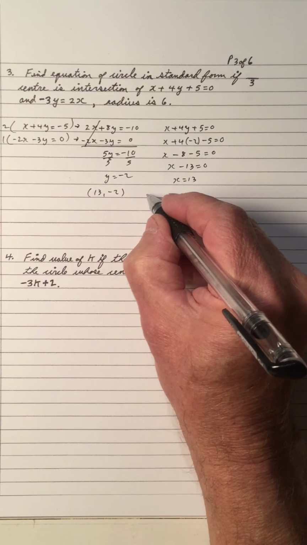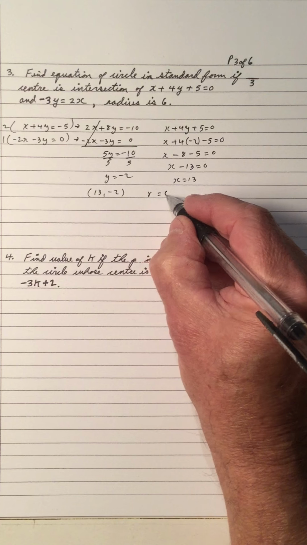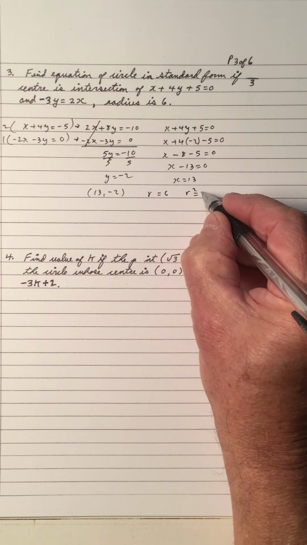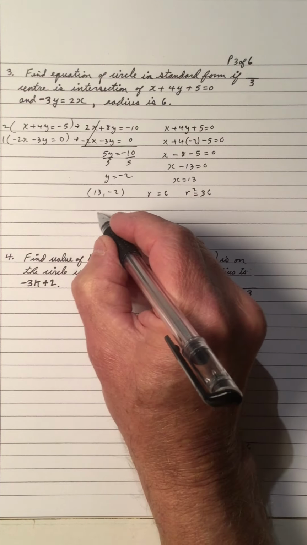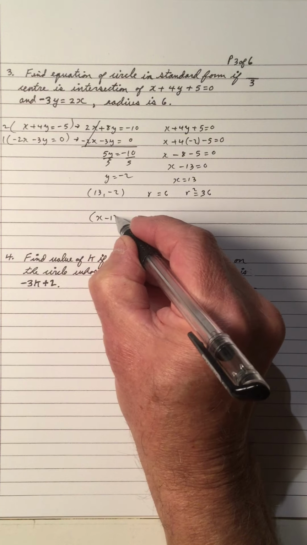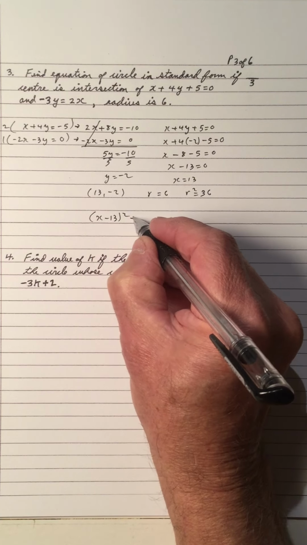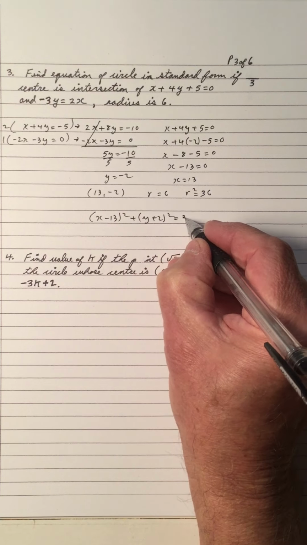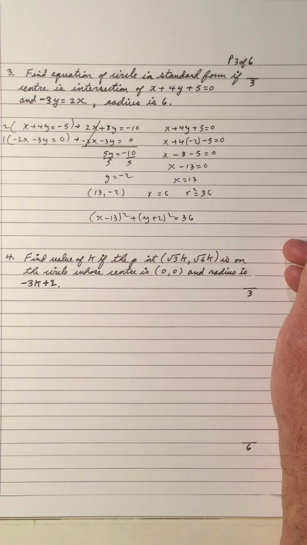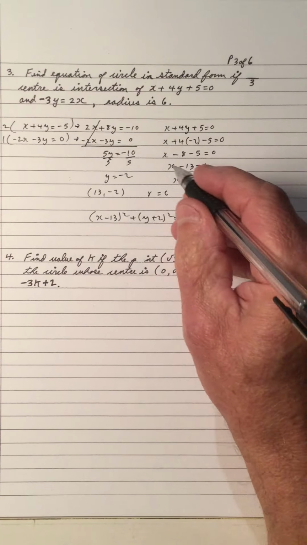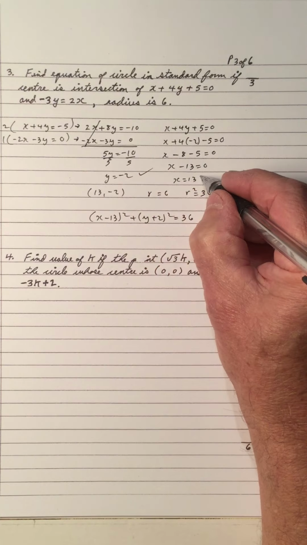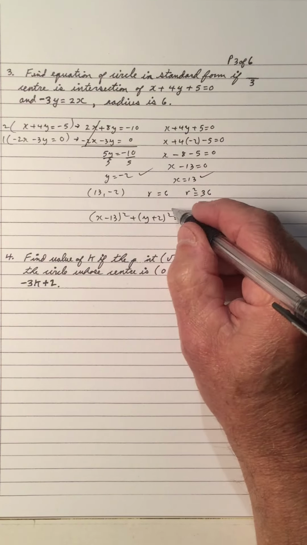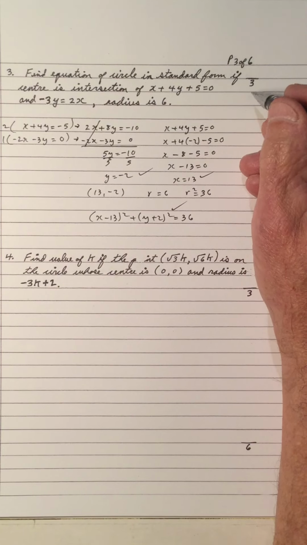And the radius given to us is 6. So that means r squared is 36. So the equation is x minus 13 squared, add on y plus 2 squared equals 36. And again, if you have the center, each coordinate of the center gets a mark, and if you put it in the equation, you get an extra mark, 3 altogether.